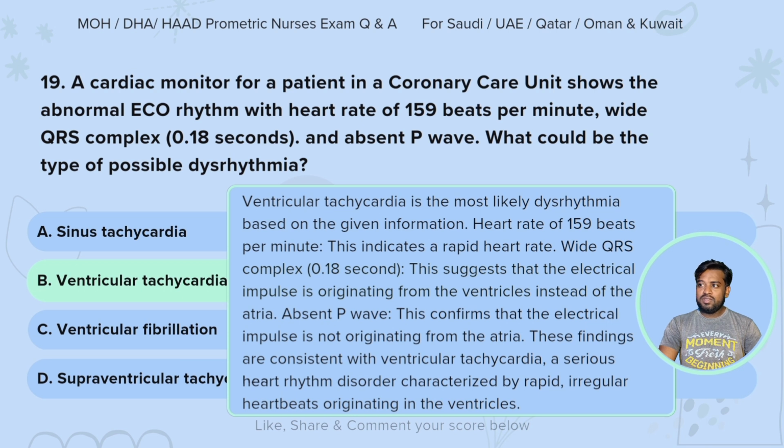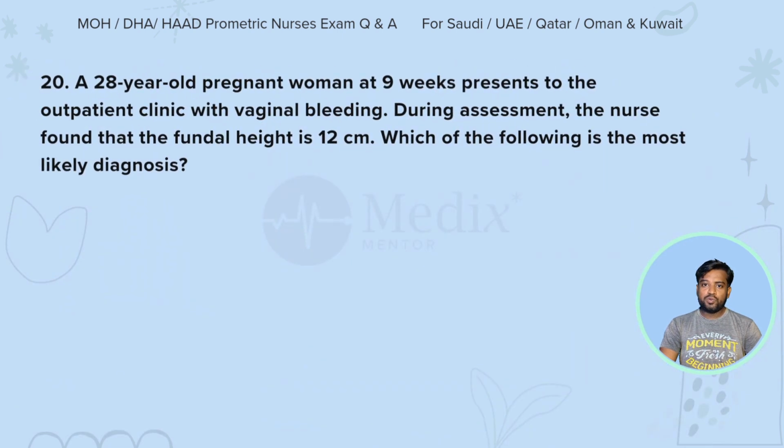Absence of P wave confirms that the impulse is not originating from the atria. These findings are consistent with ventricular tachycardia, a serious heart rhythm disorder characterized by rapid heartbeats originating in the ventricles.